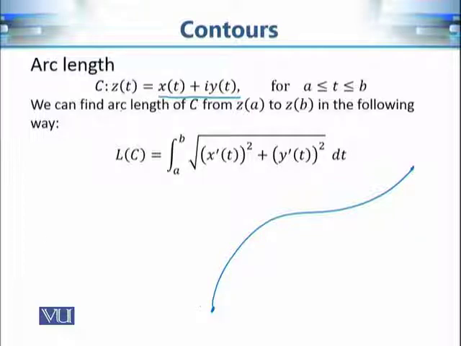Of course it's very simple to find lengths of straight line segments, but if it is a curved path, then it is kind of complicated, and for that we have the following formula: the integral from a to b of the square root of x prime of t squared plus y prime of t squared. This integrand is a real valued function because there is no iota involved. Just take the derivative, square it, add them together, and we can easily calculate this.